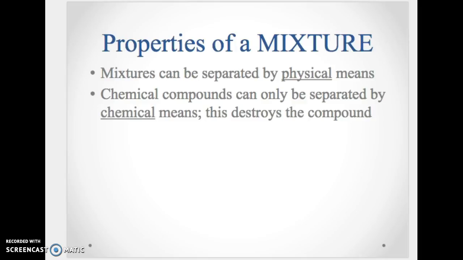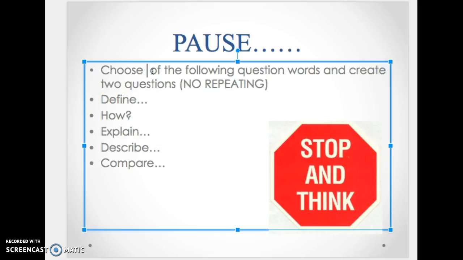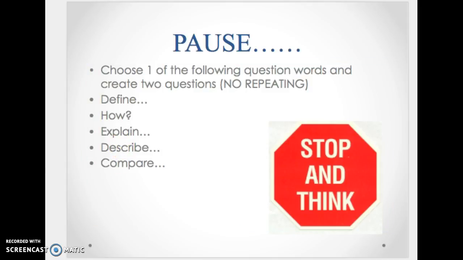Okay, so that's a very, very important distinction that you need to remember. I can guarantee you will see that on a quiz. So come up with, actually let's change this to one question. There's only been one thing there. Come up with one question word in the question column using one of these words. Again, pause the video if you need more time.